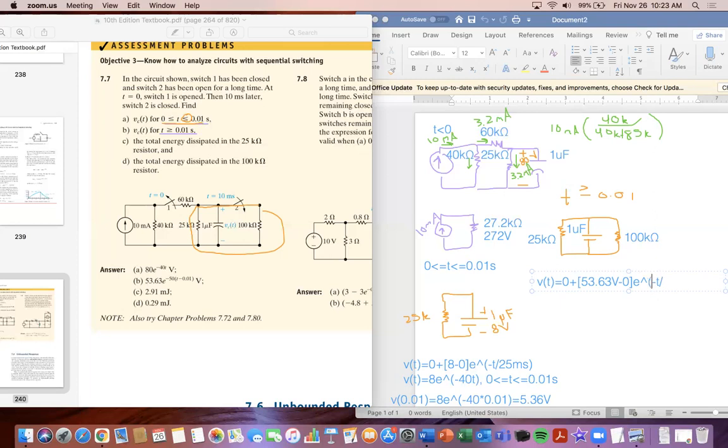So here to determine our tau value, what we have to do is, you can see those two resistors are in parallel. So the equivalent circuit is going to be the one resistor and then the capacitor. So 25 times 100 divided by 25 plus 100. I got 20K.